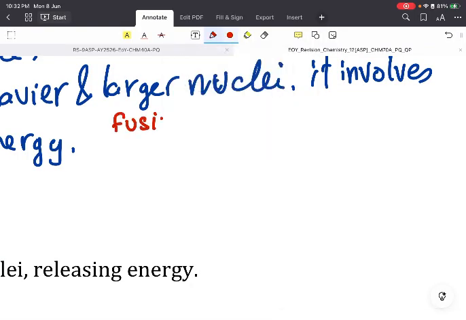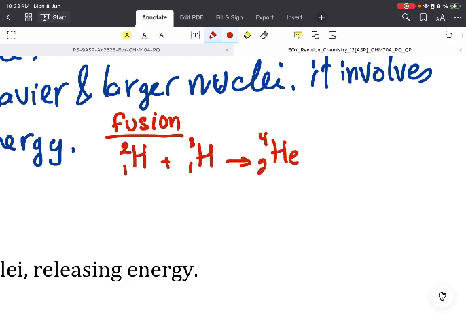So for the fusion, I have, for example, two hydrogen isotopes in the sun, deuterium combining with tritium, and we get helium and a neutron. That's fusion, and a huge amount of energy is released.